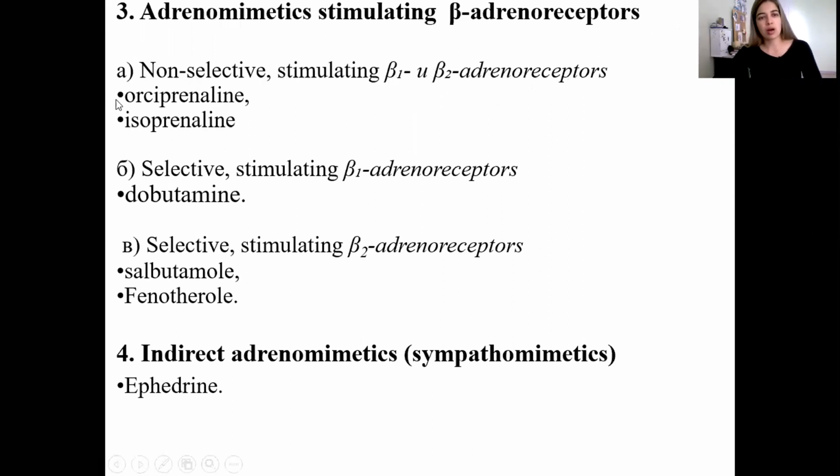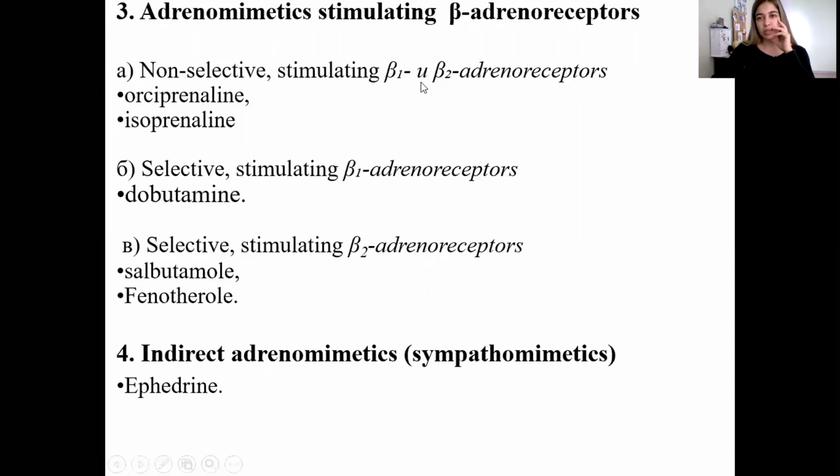They are orciprenaline and isoprenaline. But we also have drugs which stimulate only one type of receptor, beta 1 or beta 2. Beta 1 is stimulated by dobutamine, and beta 2 receptors by, for example, salbutamol and fenoterol. This drug affects mostly the heart, and this affects mostly the bronchi.